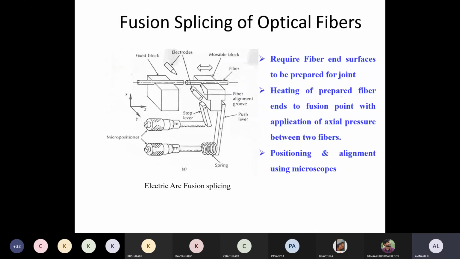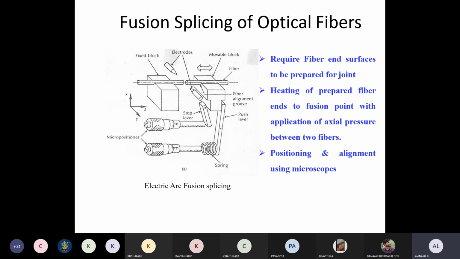The next thing is fusion splicing of optical fibers, electric arc fusion splicing. Some diagram has been given there. There are two blocks, a fixed block and a movable block.